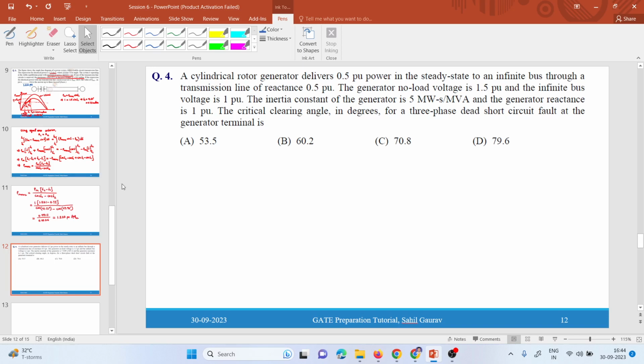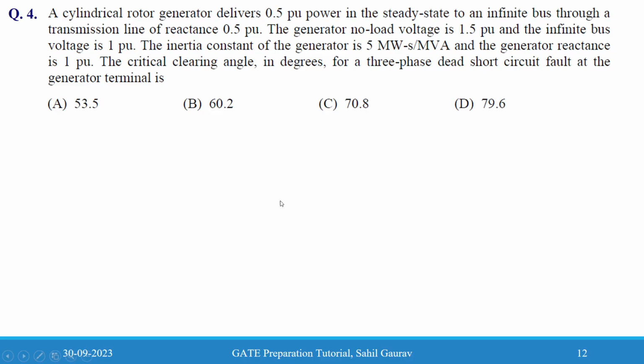So here in this problem, we are given one generator whose no load voltage is 1.5 per unit, and the infinite bus voltage is 1 per unit.